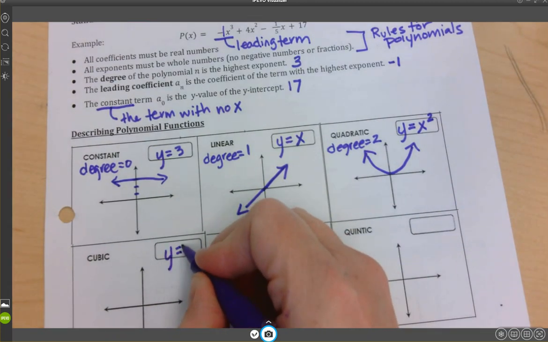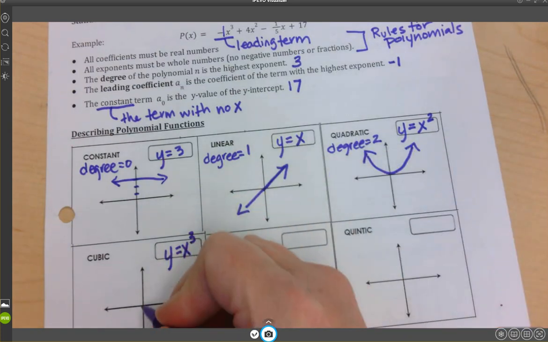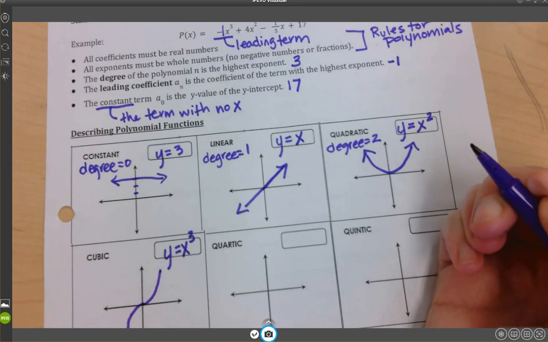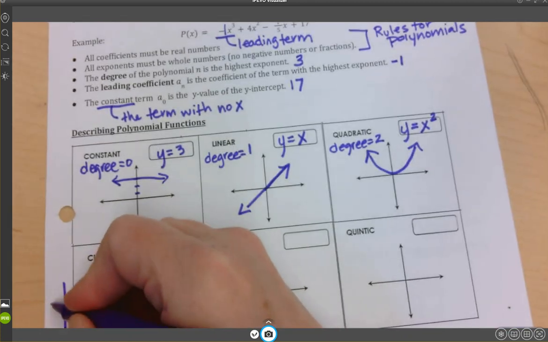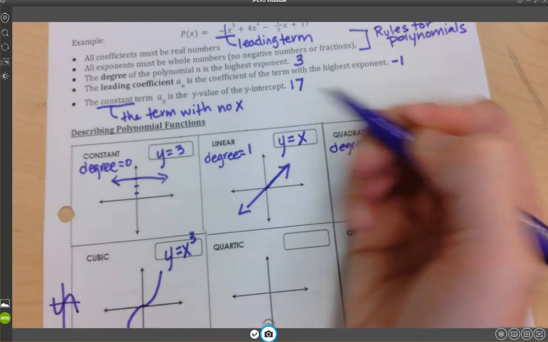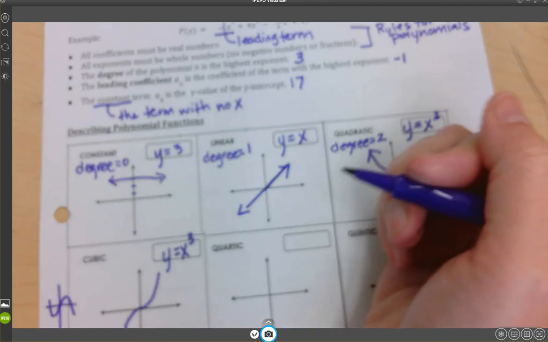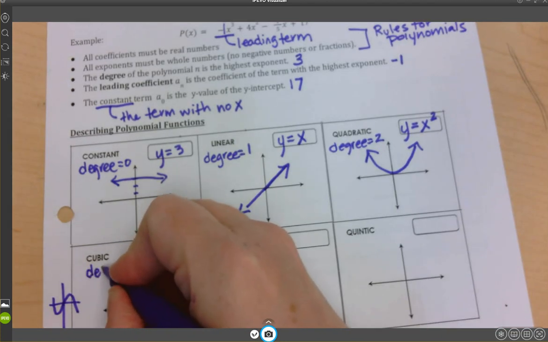Now, we're starting to get to some types of functions that will have different shapes. It is possible to look like the shape y equals x to the 3, which is like this, or it might actually look different. It might be something that's like this, okay? So you can have different shapes for these higher level ones, but if it's a cubic function, the degree is 3.